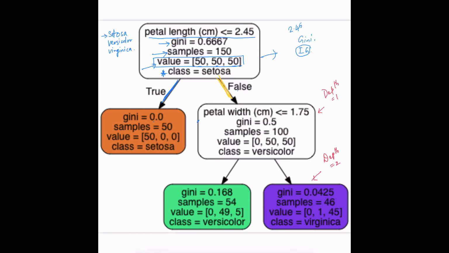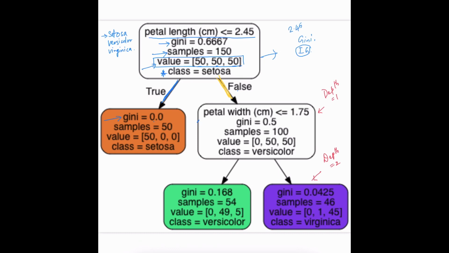We can now read that pretty easily based on what we have already learned using the root node. Now we know the Gini is just like information gain. It is a measure. Closer to 0 means there is less and less impurity. 0 means there is no impurity.